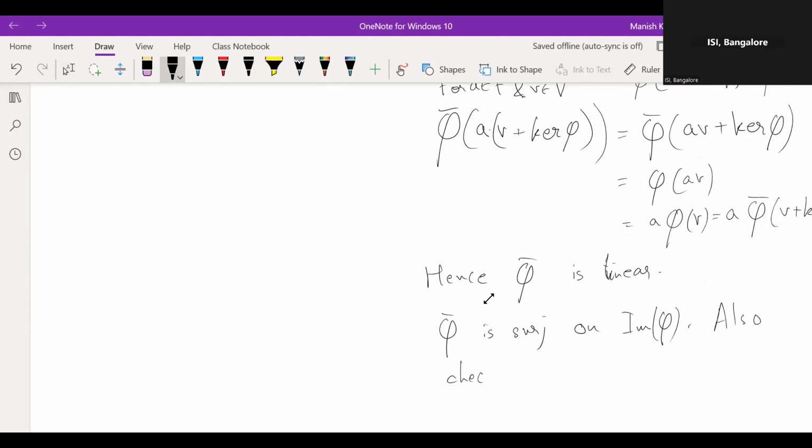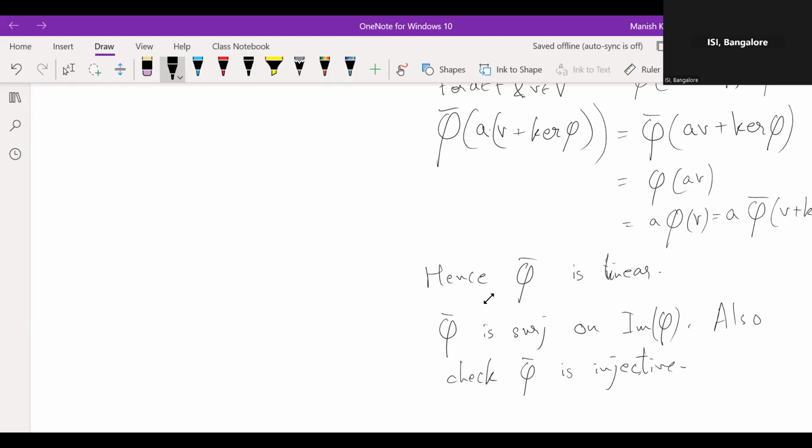I'll leave this as an exercise for you, because I'll give you an alternate argument which applies in vector space cases. But you can do it directly by checking that the kernel of phi bar is precisely the zero element of V mod kernel phi.